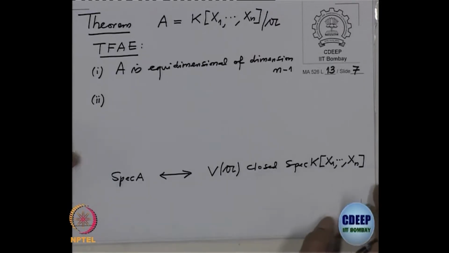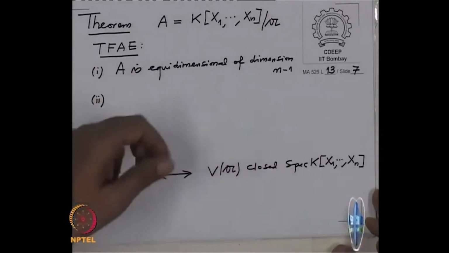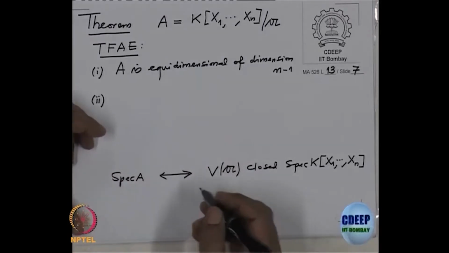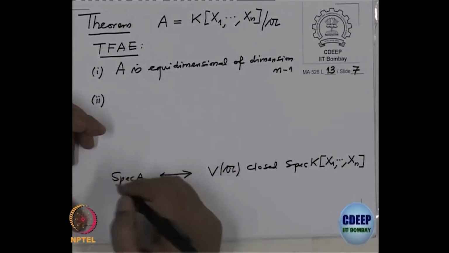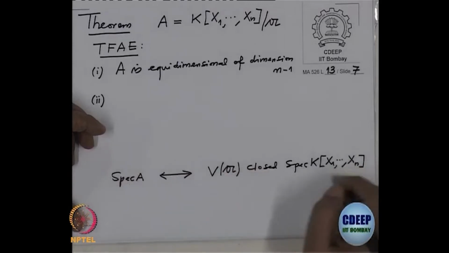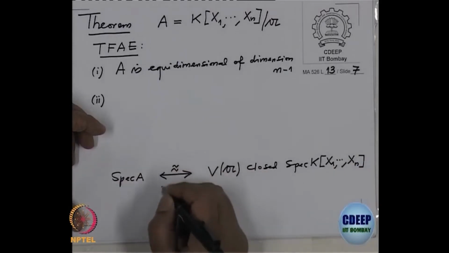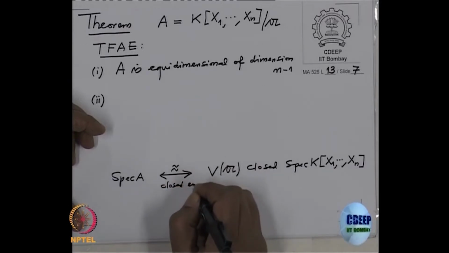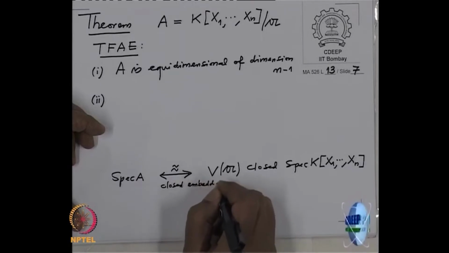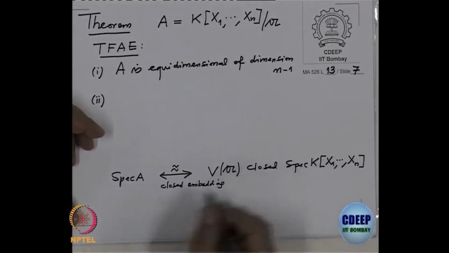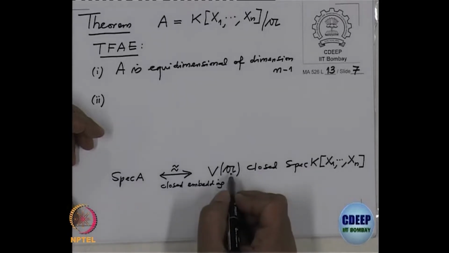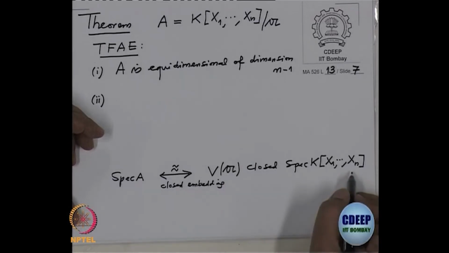Not an arbitrary embedding: it is a homeomorphism from this to this in the Zariski topology, a closed embedding, as one calls it. And the minimal prime ideals here will correspond to the minimal prime ideals here. So, they will be precisely the minimal prime ideals over this ideal A in the polynomial ring.